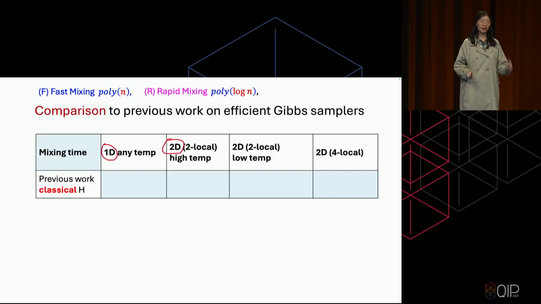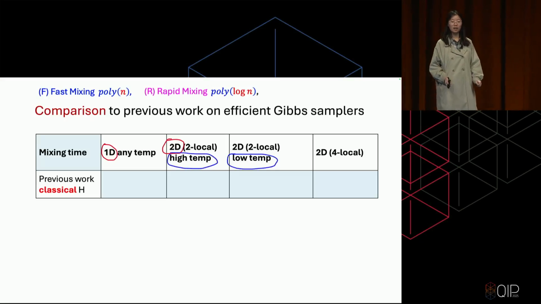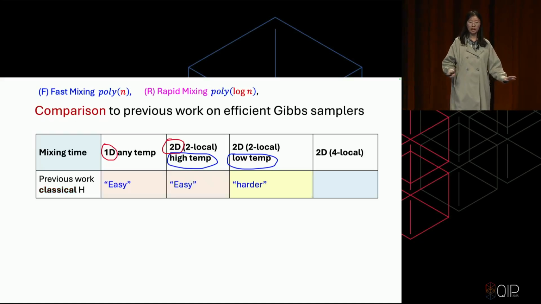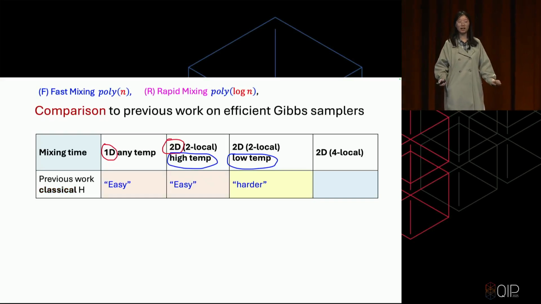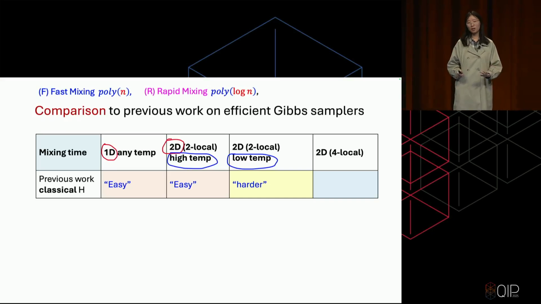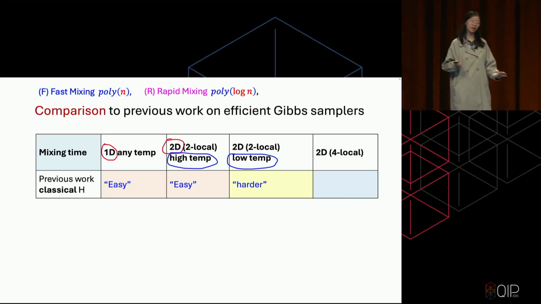And also, as you may have heard, the temperature is very important. Whether it's high temperature or low temperature, also different stories. But at a very high level, I would say for the classical case there are roughly two types of regime. One is easier, one is harder. And the harder case always appears in the low temperature regime for dimension higher than 2.